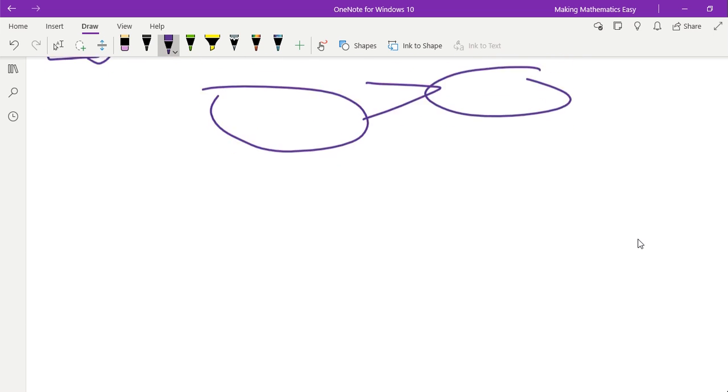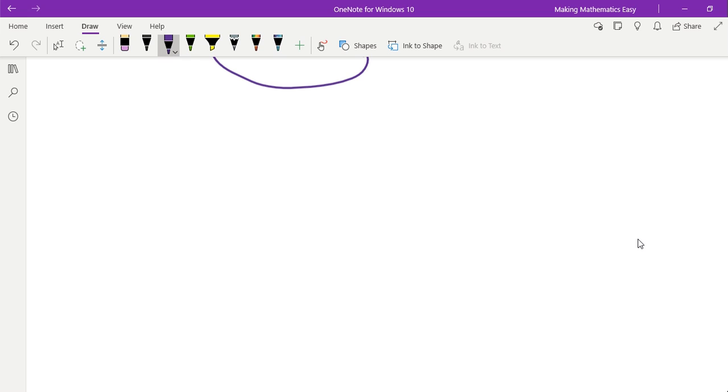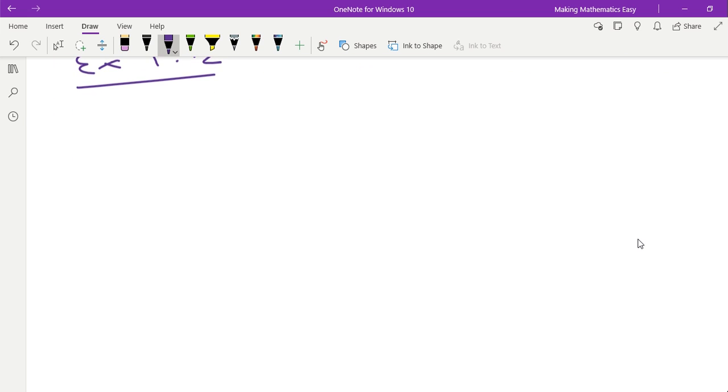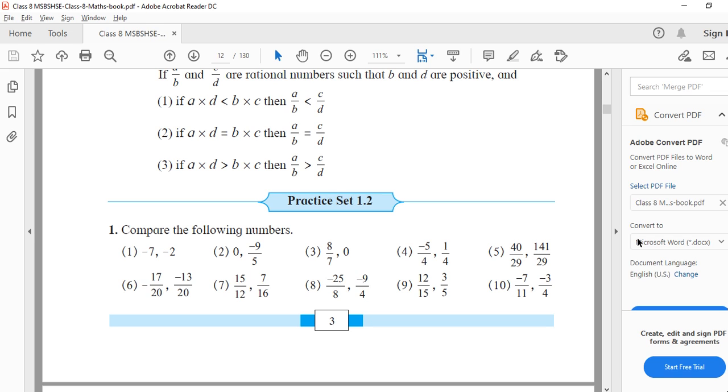Now let's move ahead to exercise 1.2. We simply have to show which number is bigger and which number is smaller.